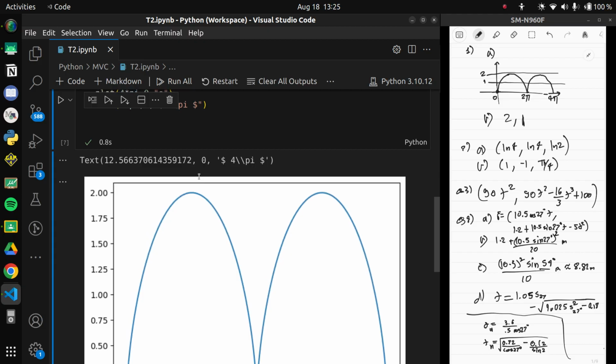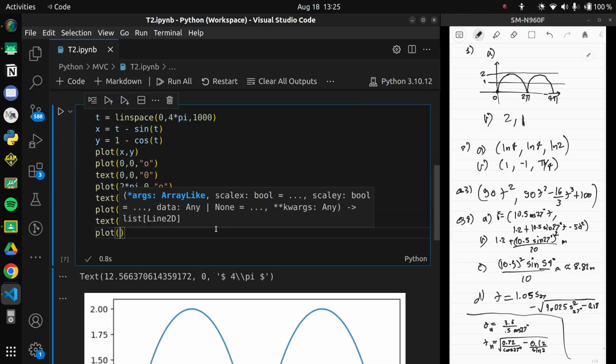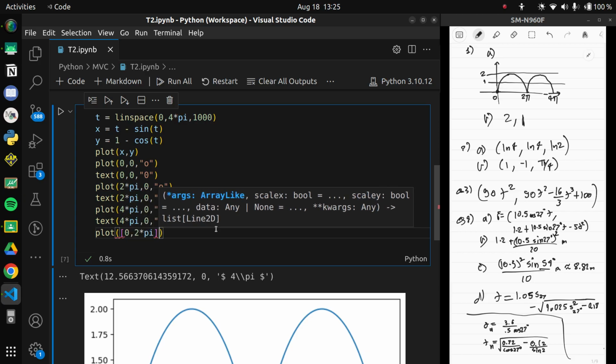Right, so that does it. You can also probably plot the whole line itself, so just plot the x-axis. So it's going from 0 to 4 pi, right? So the first point is, never mind, just 0 comma 4 pi, and it's all 0, 0.